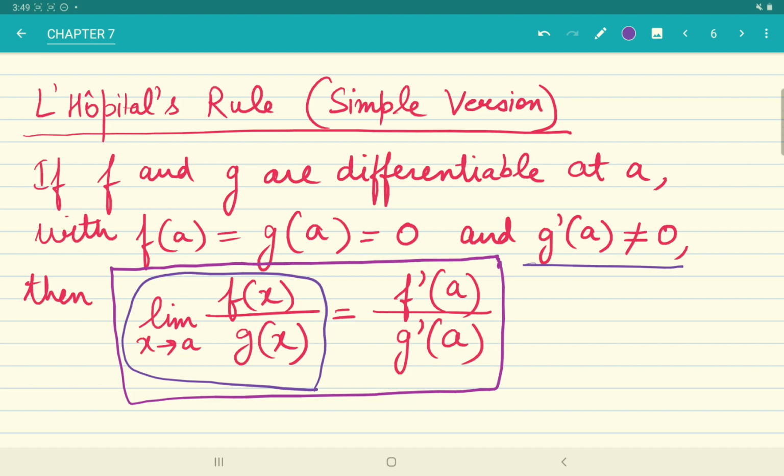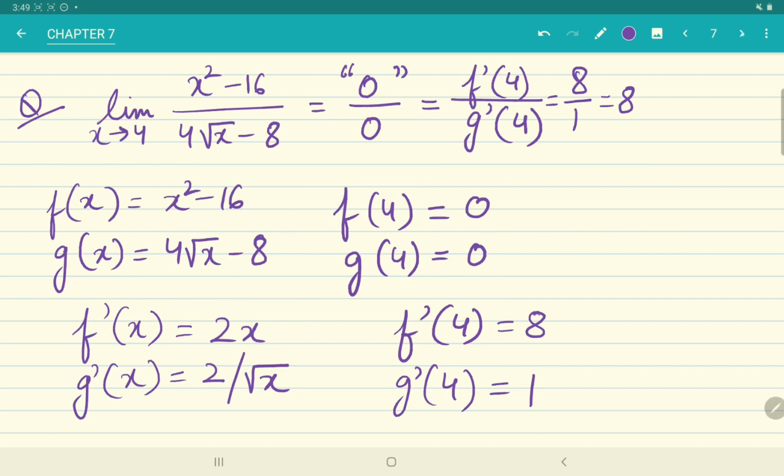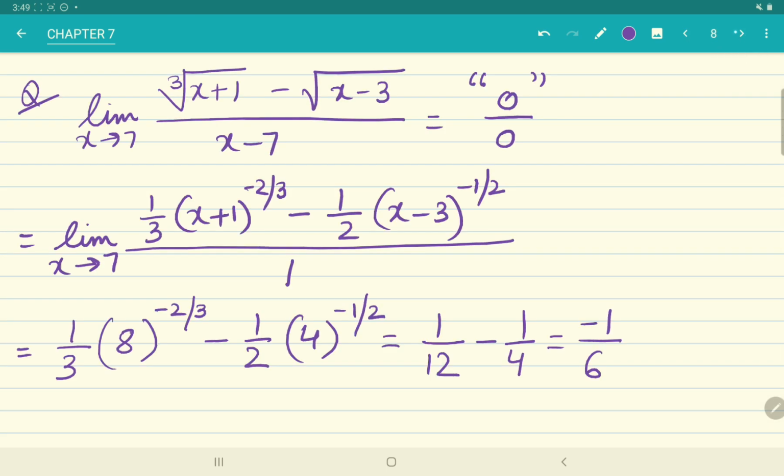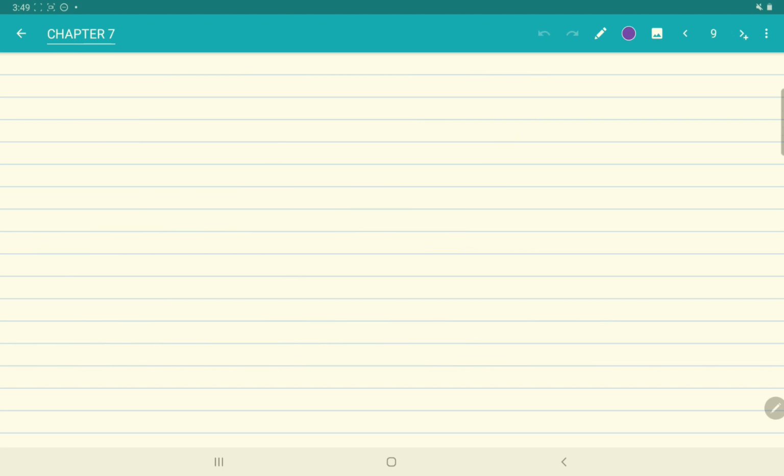Even after that, if I obtain an expression of the type 0 by 0, I keep on differentiating the numerator and the denominator. I keep on doing that repeatedly until the limit is determined. So just to understand this, I take up one last question before we take up the extensions.